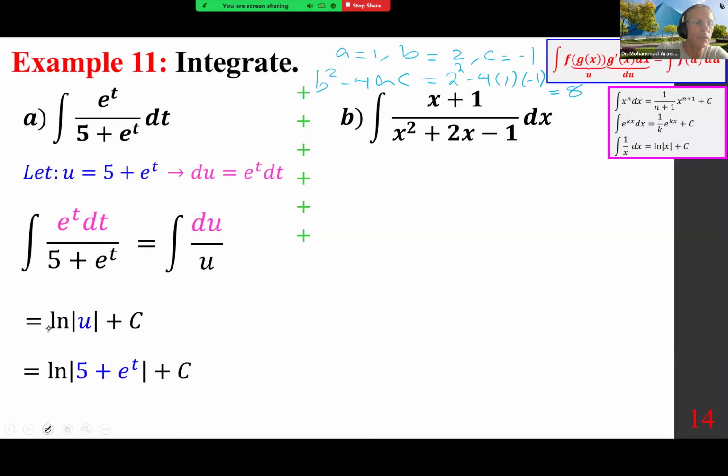Now positive 8, if it's not a perfect square number such as 1, 4, 9, 16, and so forth, cannot be factored. So the denominator is the choice for you.